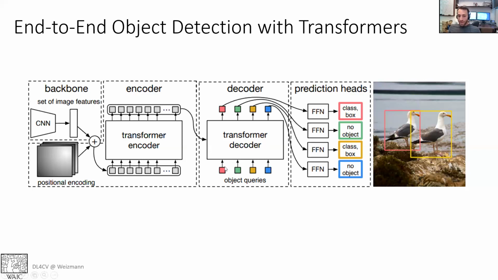So in this case, the object queries are learned throughout the training process. They are called object queries, but think about them just as placeholders for places where we want to predict a bounding box, some embedding.